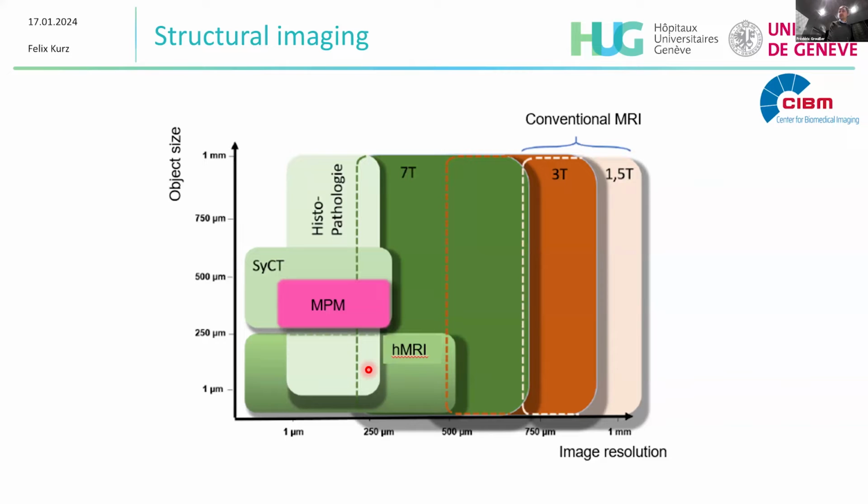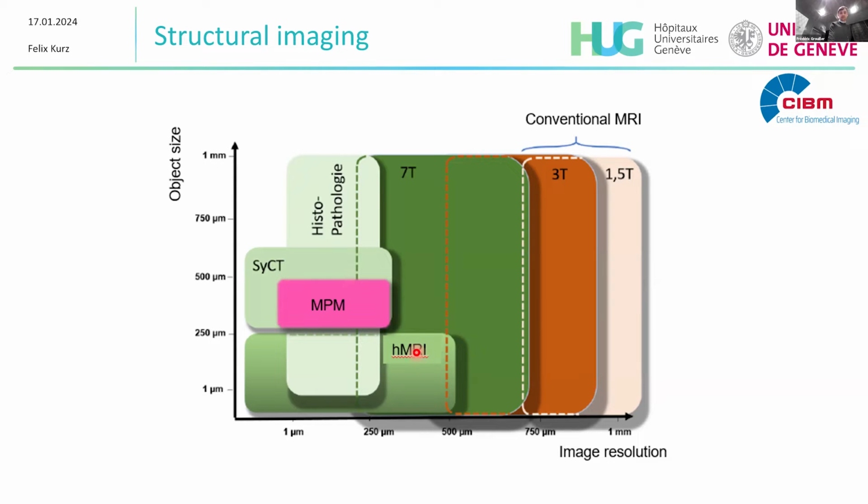At 7T, we can go even down to 100 micrometers if you measure ex vivo. And then for the rest, when you want to do a real ultrastructural exam, you have to rely on methods from microscopy, like multiphoton microscopy, histopathology, or synchrotron CT.